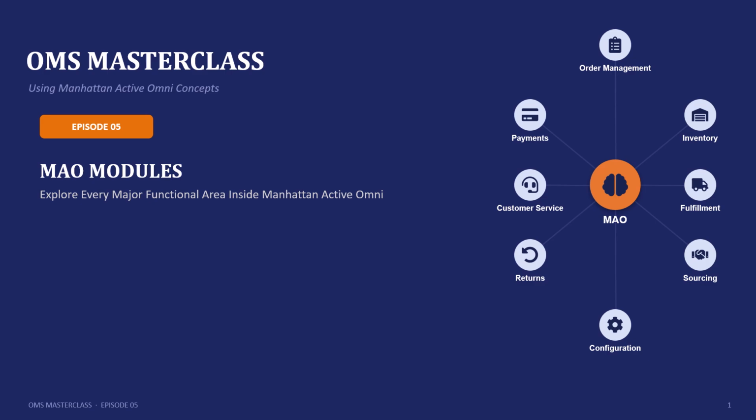We will understand what each module is responsible for, why it exists, and how all these modules work together to process a customer order. By the end of this session, you will have a clear picture of how MAO is organized and how all these modules work together. Let's get started.